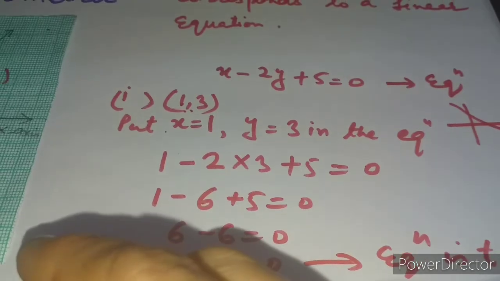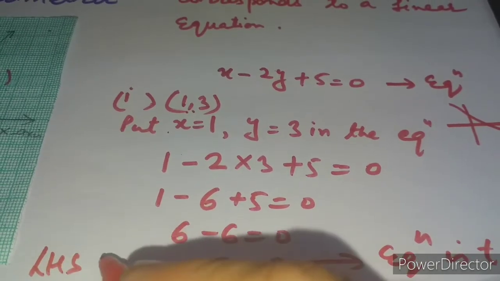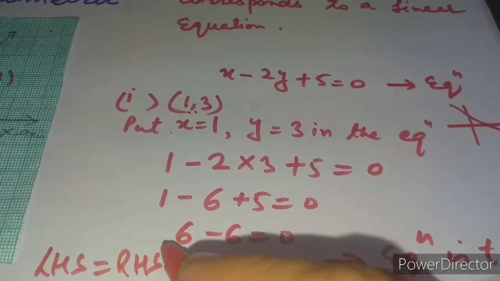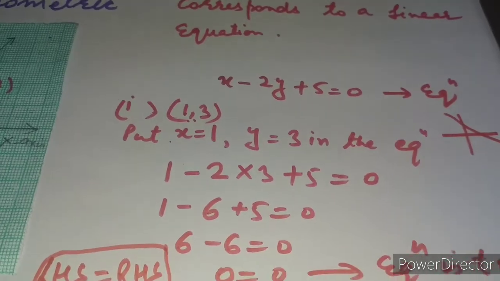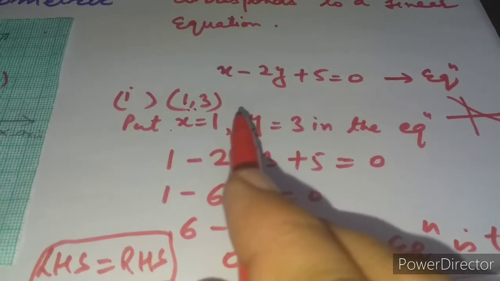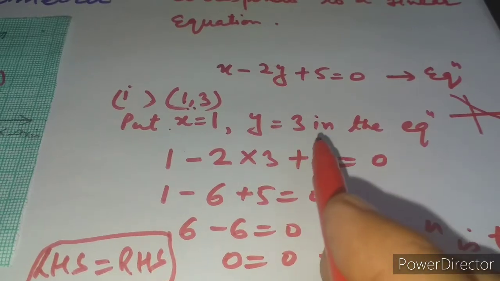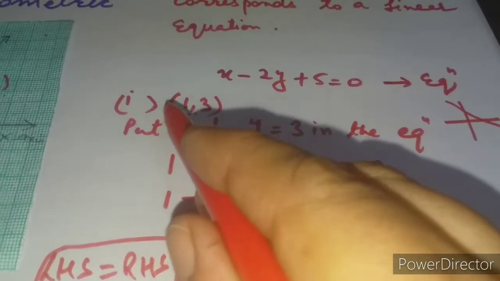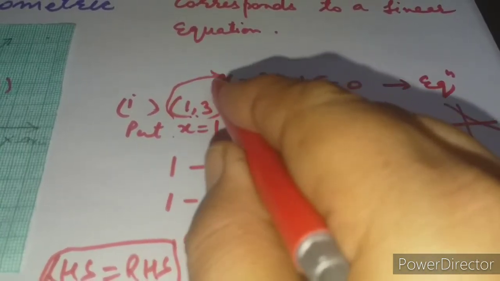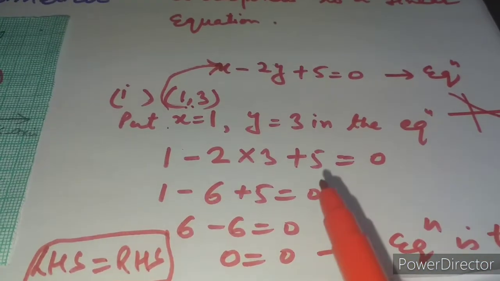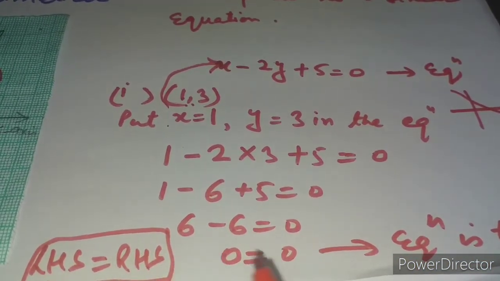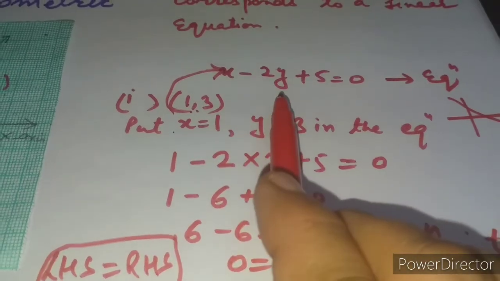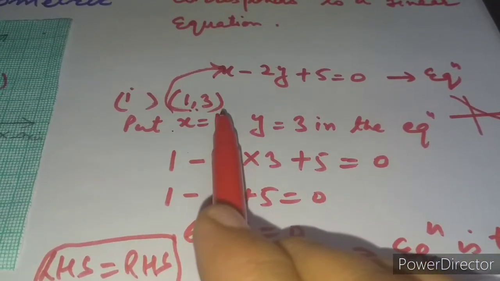What is the meaning of the equation being satisfied? That LHS is equal to RHS, right. So, this way we found that after I put x equal to 1, y equal to 3 in this equation, and we get LHS equal to RHS, it means this condition is being satisfied by this point.